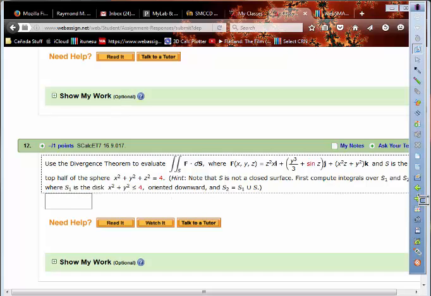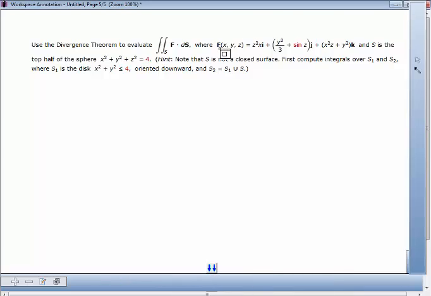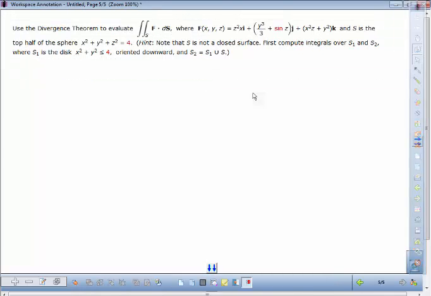So remember, part of the conditions for Gauss's theorem is that the surface has to be closed. Okay? Let's take a look at this problem. Use the divergence theorem to evaluate the flux of F over S, where S is the top half of the sphere. So the top half of the sphere doesn't automatically imply that it's closed at the bottom. It just says it's the top half of the sphere.